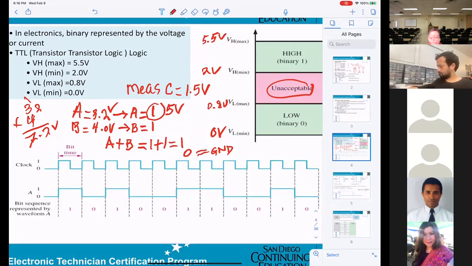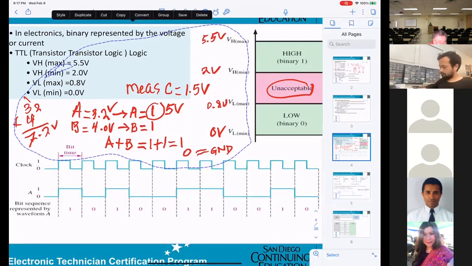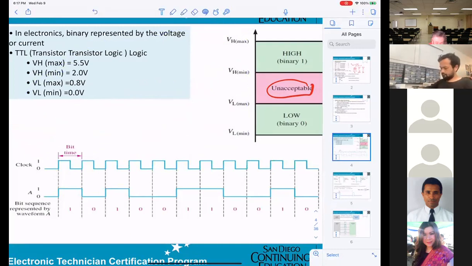We don't do anything with the voltage; you cannot add voltages. Every time you have a question, just bring it up to make it clear.